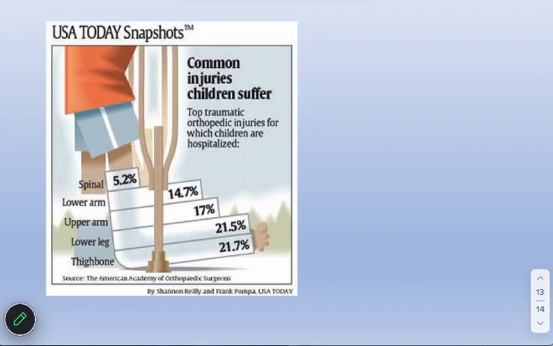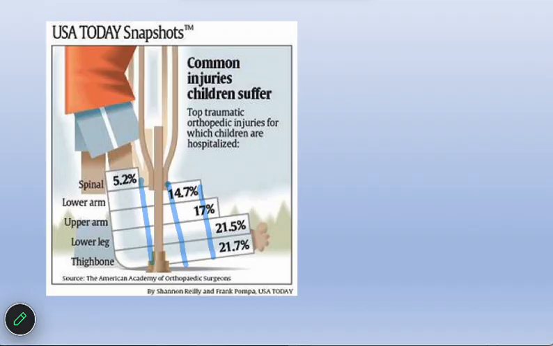It says common injuries children suffered. The top traumatic orthopedic injuries for which children are hospitalized. So the top orthopedic injuries, see how this one is at the top, which seems a little misleading. Let's say that's 5, their scale isn't too far off as far as counting by 5s there.